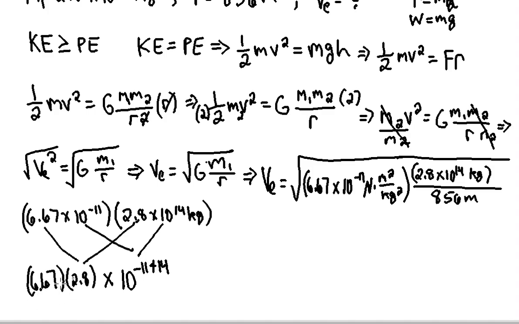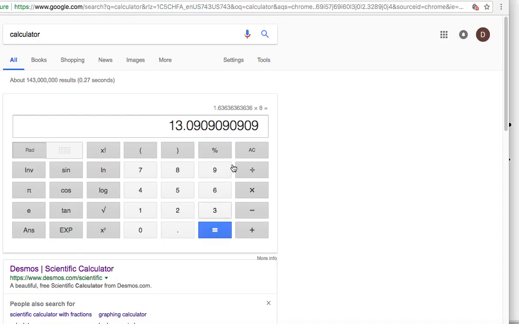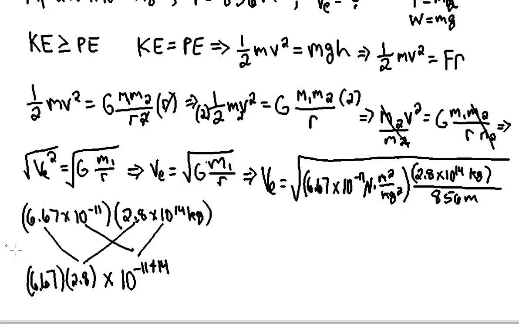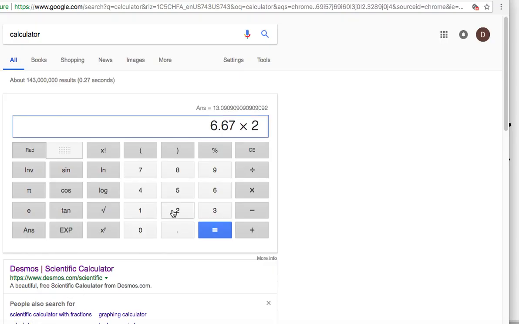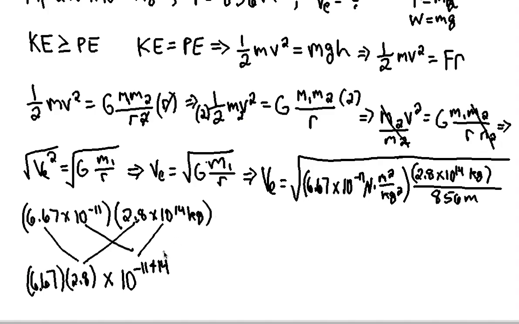All right, so we only need the calculator for this part. 6.67 times 2.8 equals 18.676 times 10 to the negative 11 plus 14, which is 3.